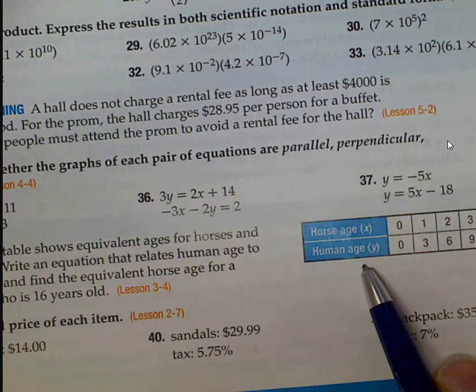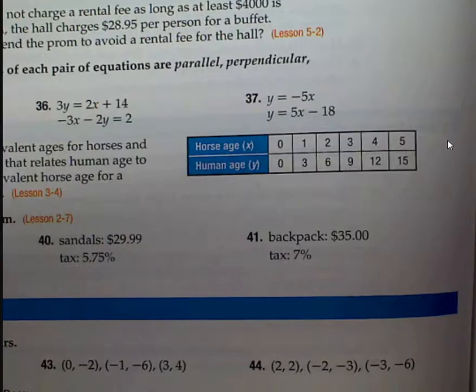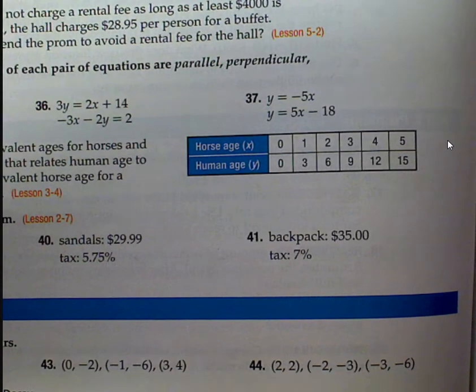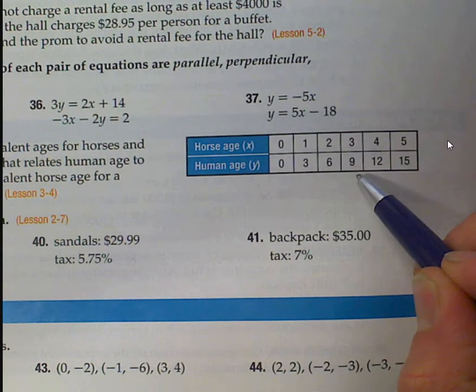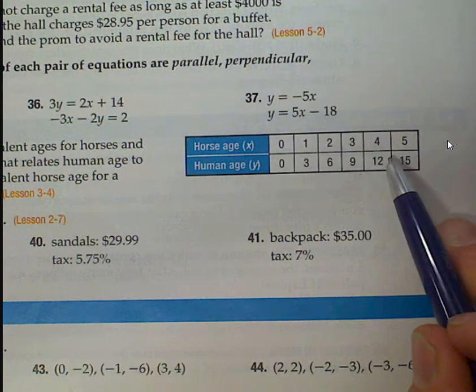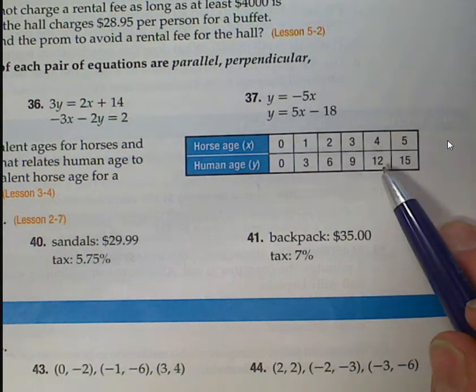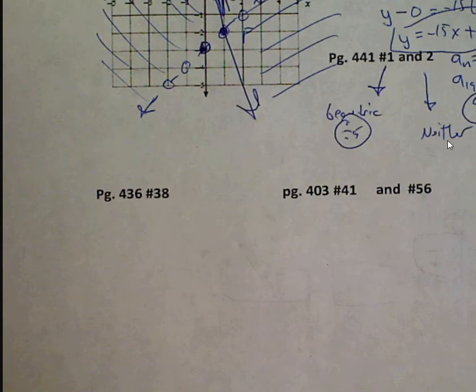So the first thing is, is this linear? Let's check. If I add 3, add 3, add 3, yes. I could add 1, add 1, add 1. So this is going to create a line. If it creates a line, I can find my equation. I'm going to choose 2 points.